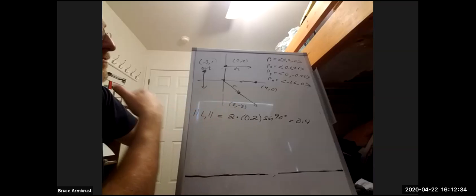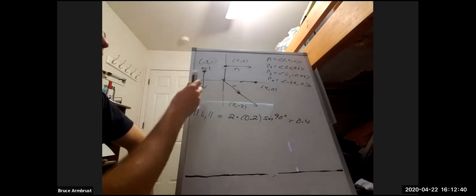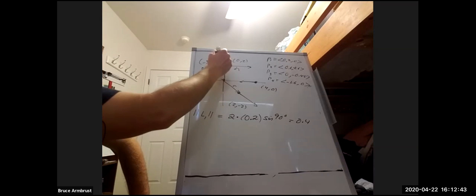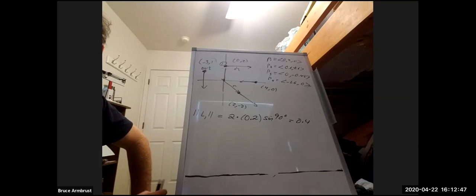But the question is, is this plus or minus? And let me remind you, we're talking about this guy right here. This is number 1. So Victor says plus. Plus because it's in.